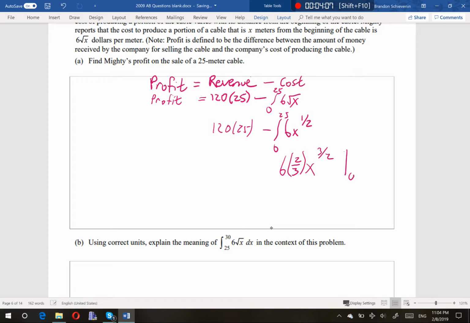Okay, then I'll have to plug in my upper bound and lower bound for that one. So we'll go ahead and multiply this out. I've got 120 times 25.